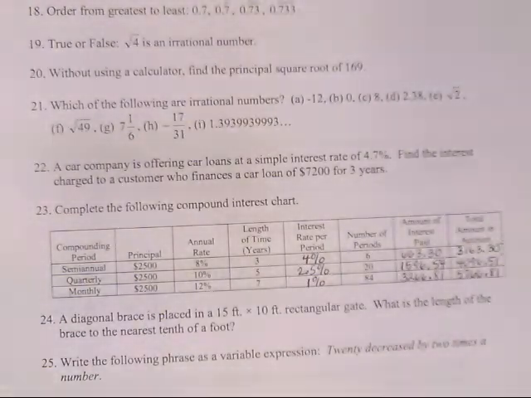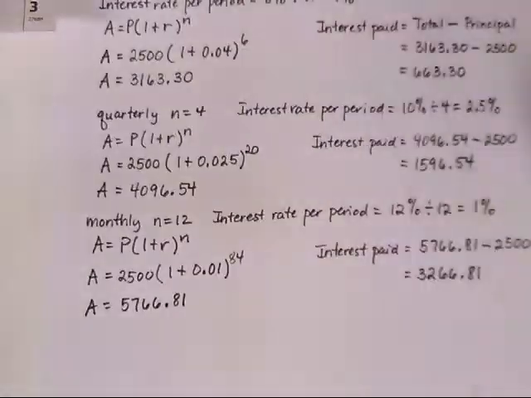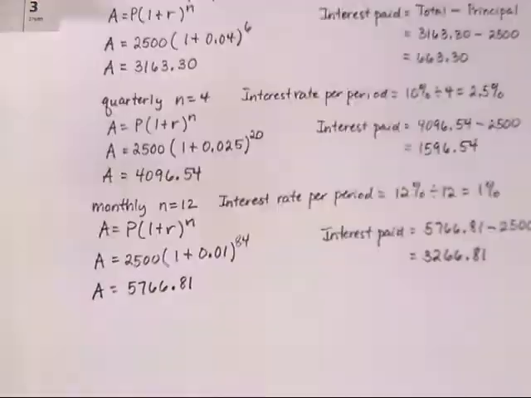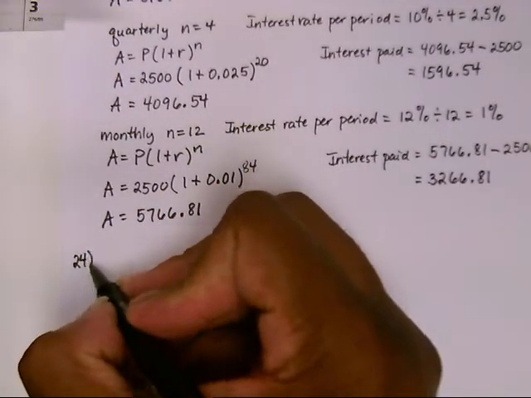Alright. Number 24. A diagonal brace is placed in a 15-foot by 10-foot rectangular gate. What is the length of the brace to the nearest tenth of a foot? And sometimes with this one, it helps to draw a picture of what that looks like.